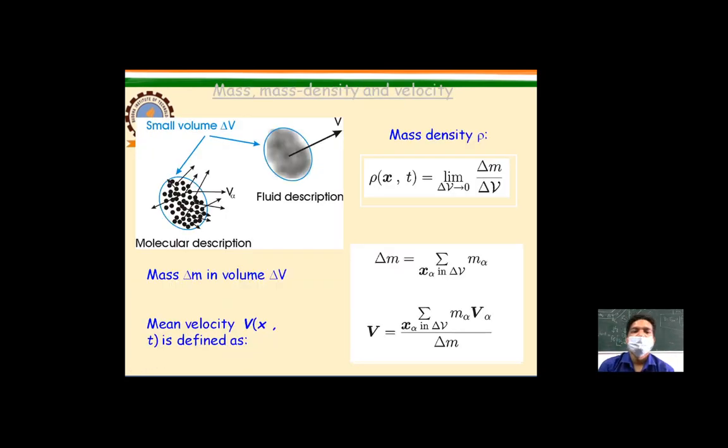Here, you all know that the mass density as well as velocity may be defined as a ratio.